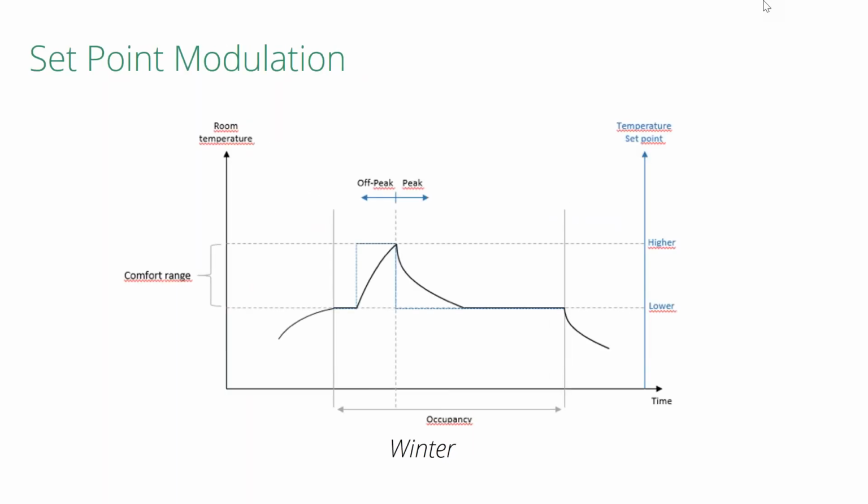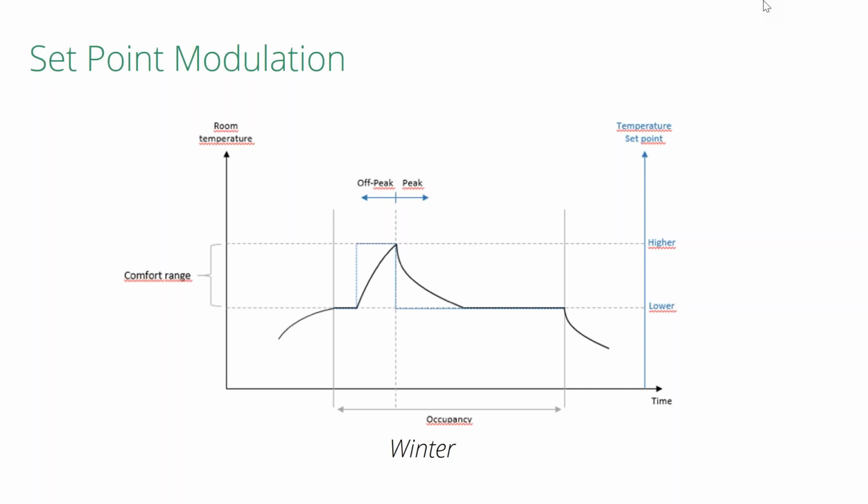Another example is the set point modulation. This is the case of winter. The temperature set point modulation of the room provides an opportunity to use less energy during peak hours when electricity prices are higher. So this approach leverages time of use prices provided by the energy retailer and the building's ability to store thermal energy, as we were discussing before.